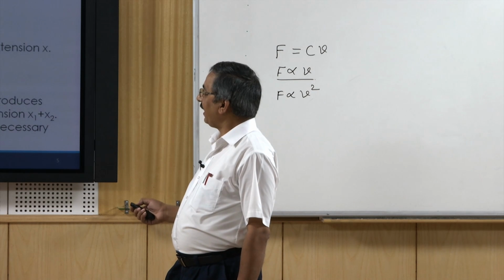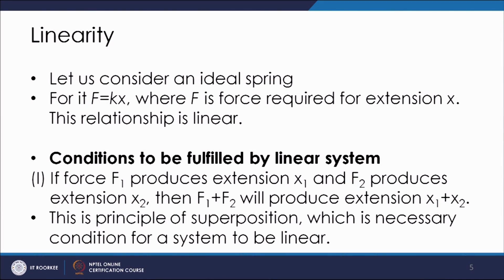For an ideal spring, we know that the force is given by K into X, where K is the stiffness and X is the extension in the spring. The force is proportional to the extension X, and this relationship is what we call linear.